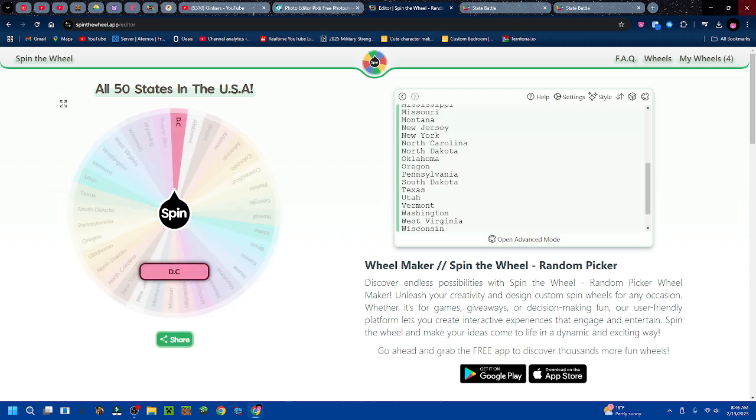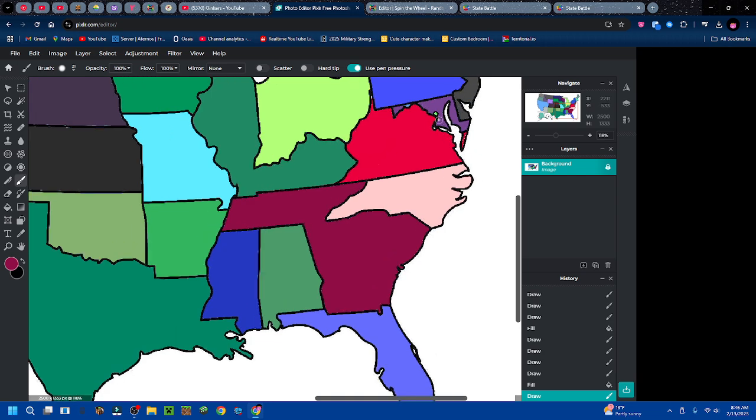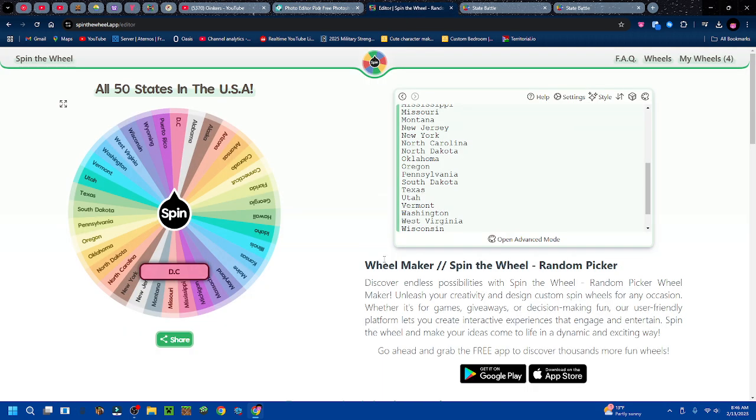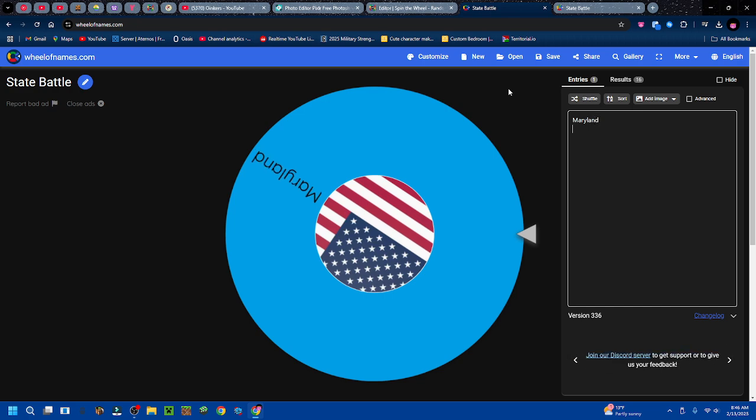DC making a move. They only border 2 states, though. That's Maryland and West Virginia now. West Virginia. Right?